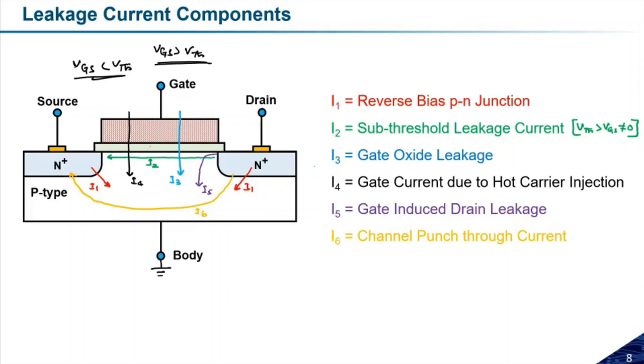But because VGS is non-zero, there is some voltage that we have applied at the gate side, so some channel will start forming.